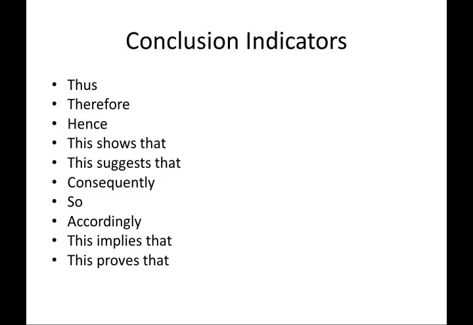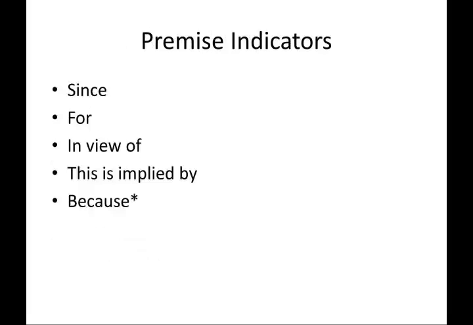The word so also, the word accordingly, this implies that and this proves that. Each of these phrases or words tell us that what comes after it is going to be a conclusion. Now let's look at some of the premise indicators.